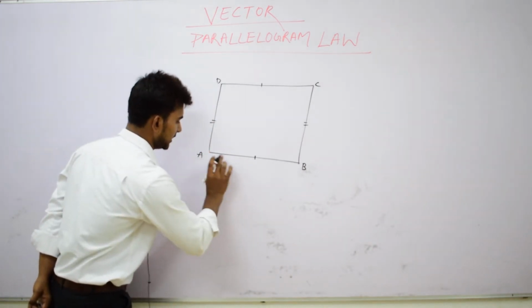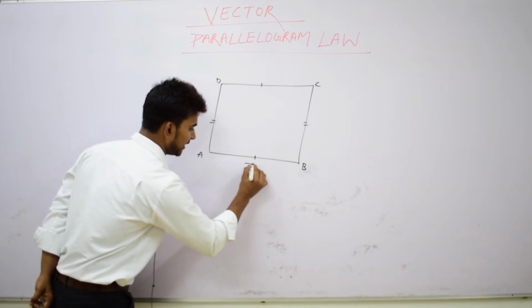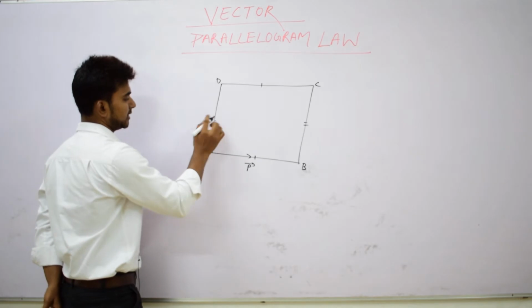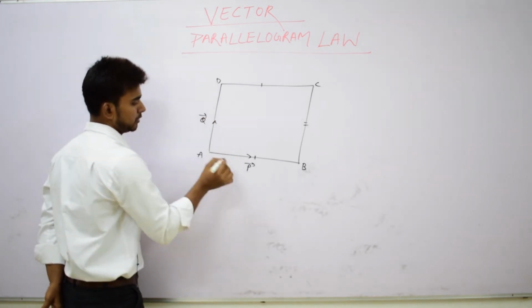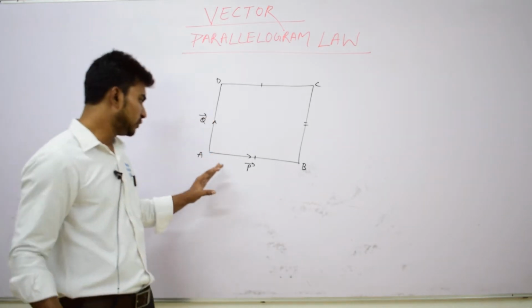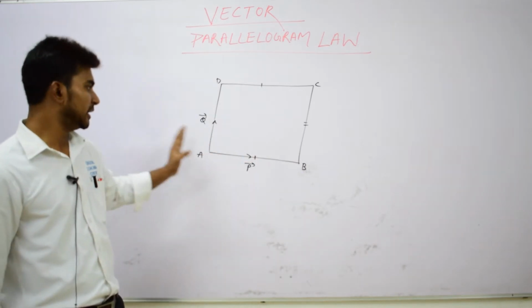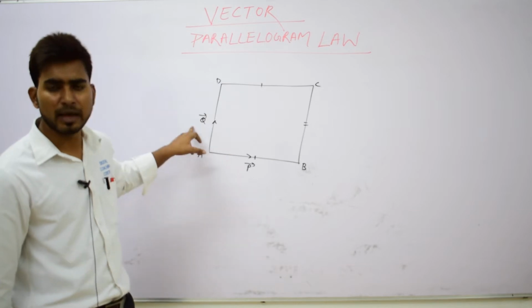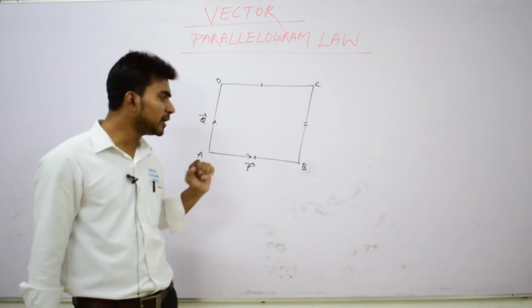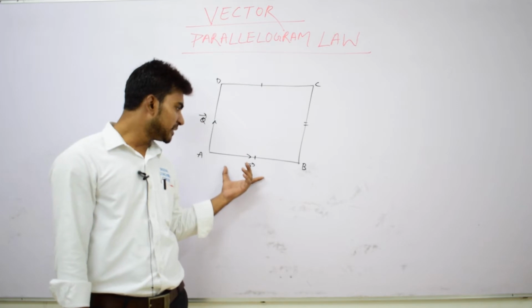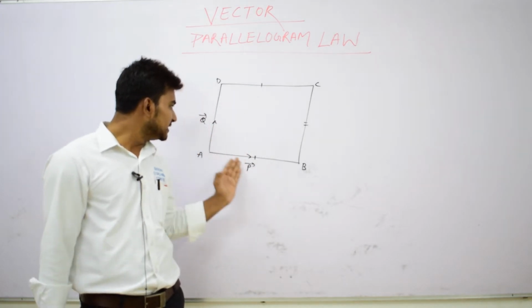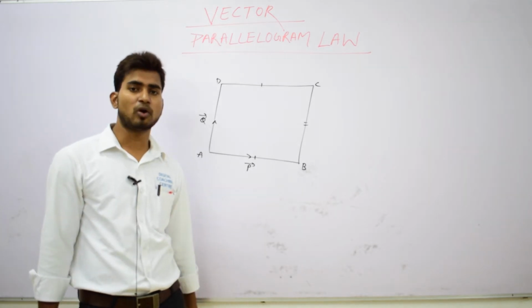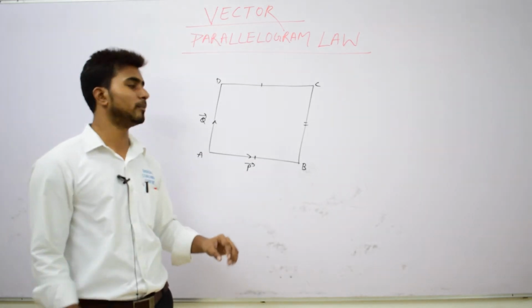Let's suppose AB is represented by the vector P and AD is represented by the vector Q. Then the resultant of these two vectors will be represented by the diagonal of that particular parallelogram.